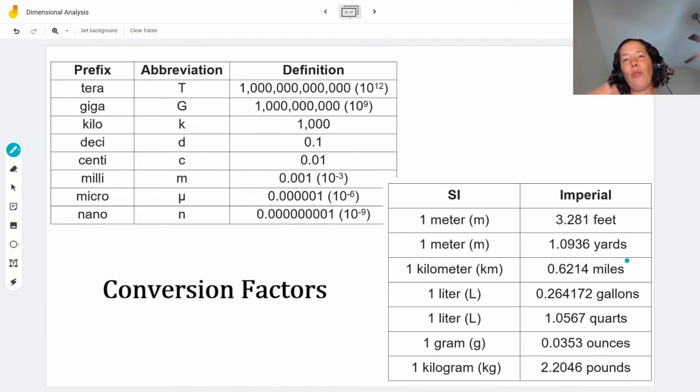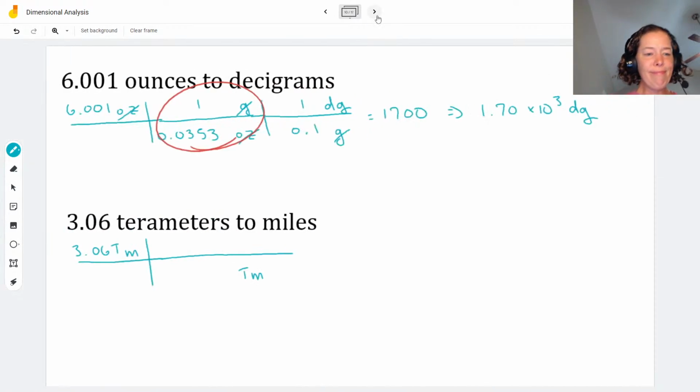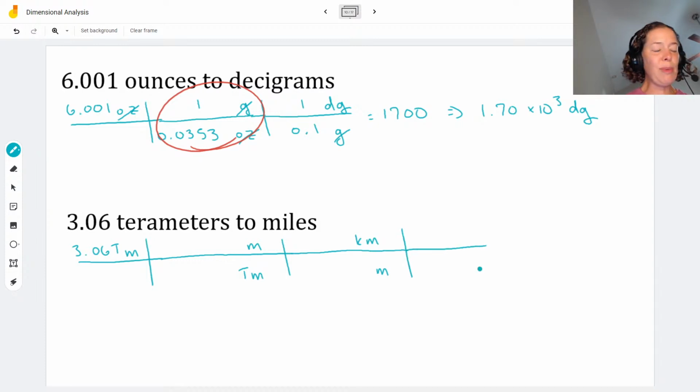Just make sure you do it in a way that makes the most sense to you. This is going to take me a little bit of time. So I am going to go from terameters to meters, and then from meters to kilometers. And that allows me to use my conversion factor, which will go from kilometers to miles.